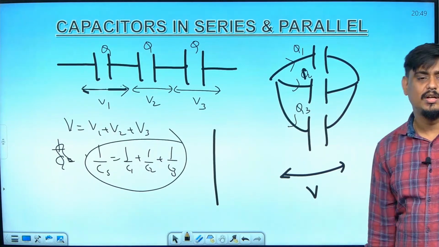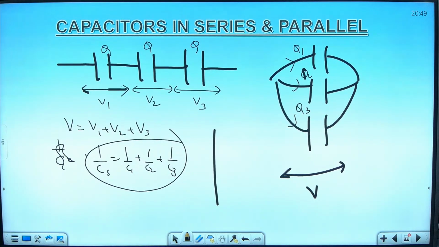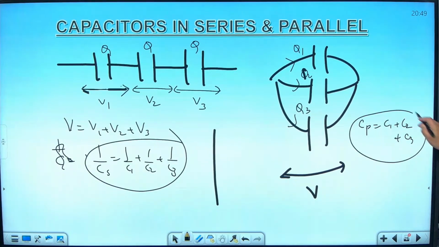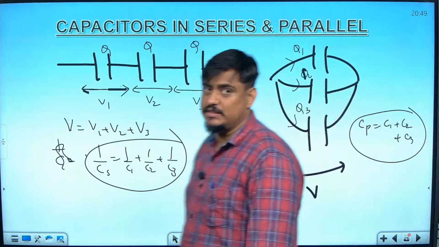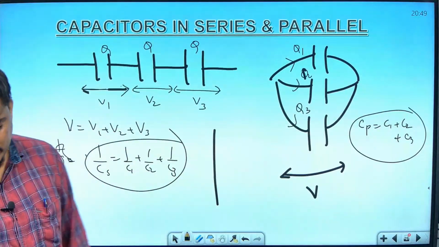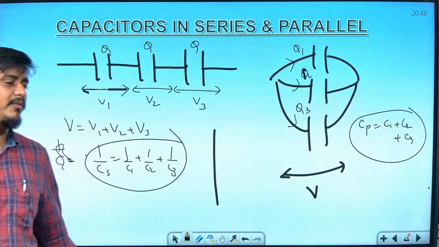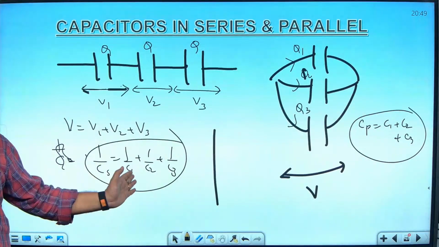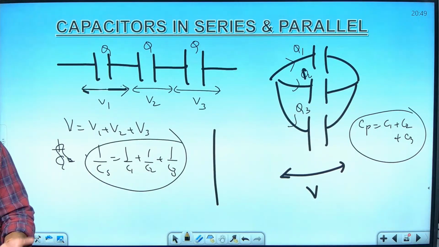So when you do Q is equal to Q1 plus Q2 plus Q3, with Q equal to CV, finally you will get C parallel is equal to C1 plus C2 plus C3. Exactly the opposite of resistance, isn't it? So in the case of series connection, 1 by C series is equal to 1 by C1 plus 1 by C2 plus 1 by C3, and in parallel connection, C parallel is equal to C1 plus C2 plus C3, right?